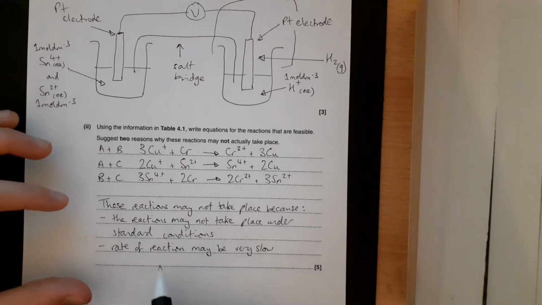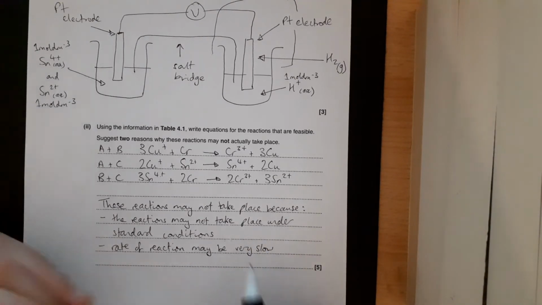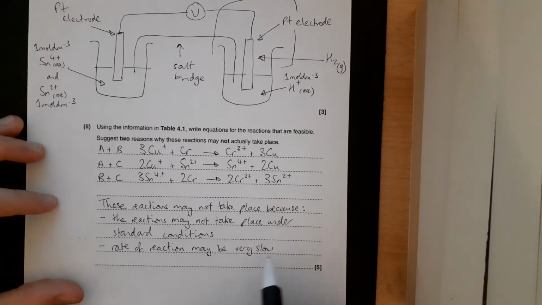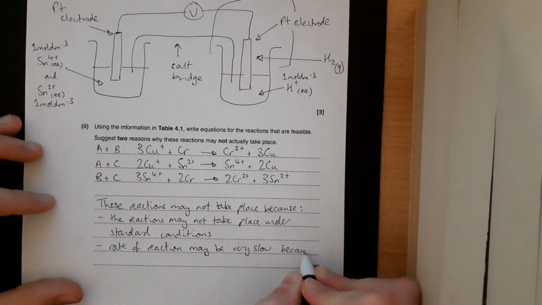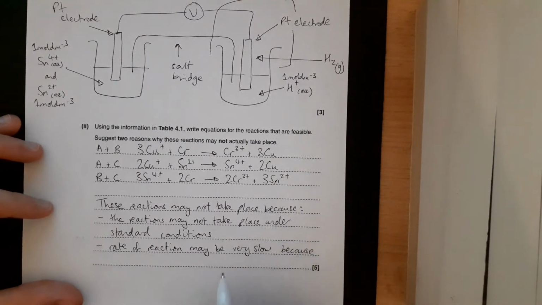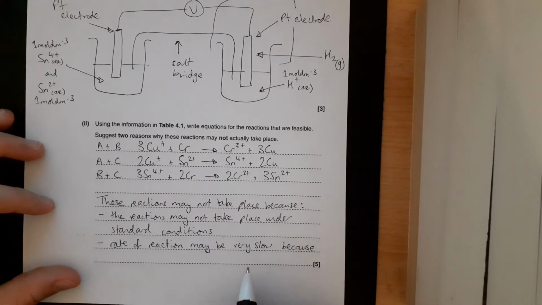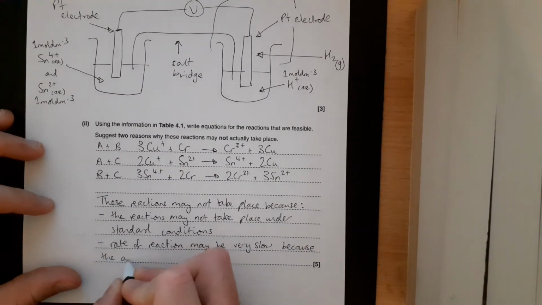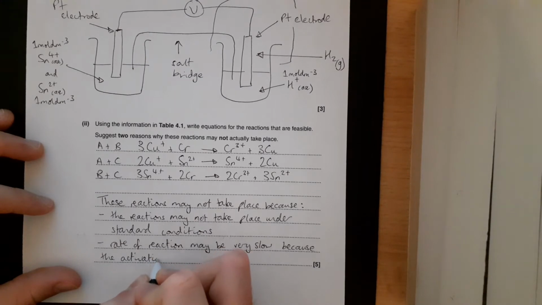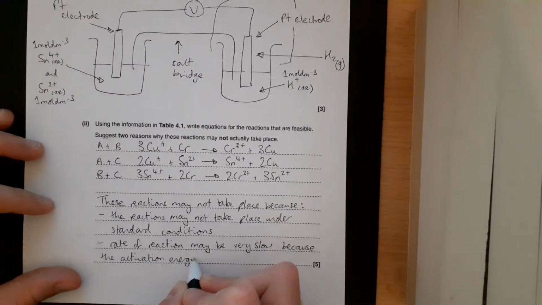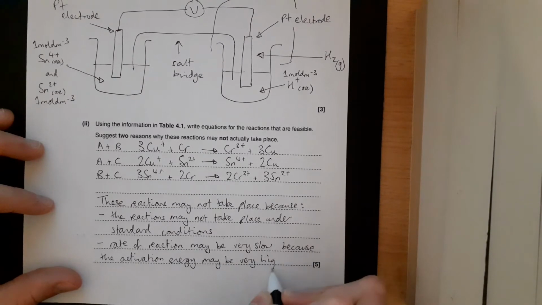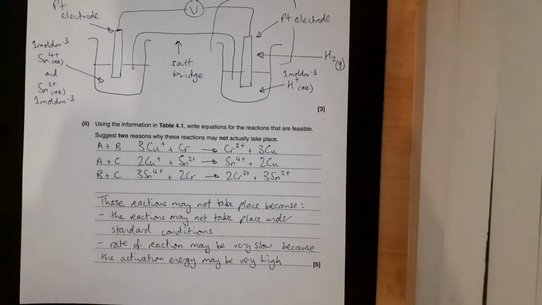Okay, and often you'd probably just get a mark for this. You might even be 2 points to say reaction is very slow because the activation energy is very high. But I just want to write the best answer that I can, because the activation energy may be very high. Okay.